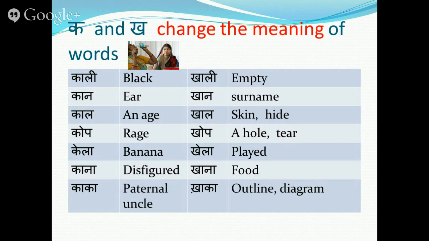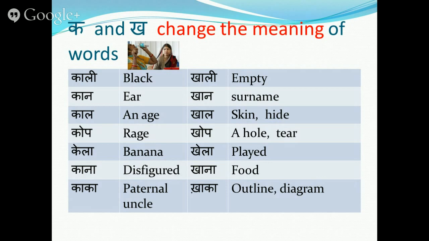So kali is black, khali is empty, kan is air, khan is a surname, kal is an age, khal is skinner high, kop is rage, khop is cope, a hole or tail, kela is banana, khela is played, kana is disfigured, khana is food, kaka is paternal uncle, khaka is outline or diagram.